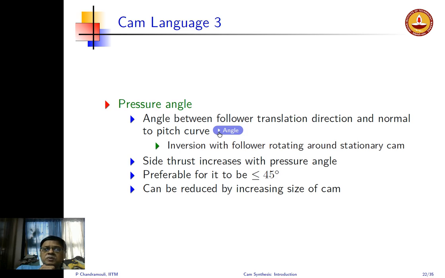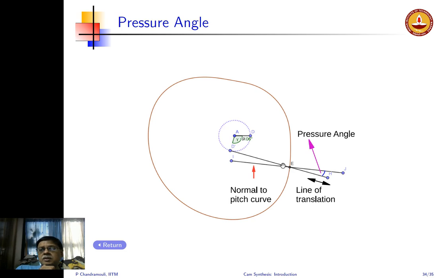The contact force acts along the normal between the follower and the cam profile, in this case the roller follower and the cam profile. So if I now look at the components relative to the line of translation, I will have F cos theta, which is going to be along the axis, and F sin theta, which is going to be perpendicular to the axis, which is called the side thrust.